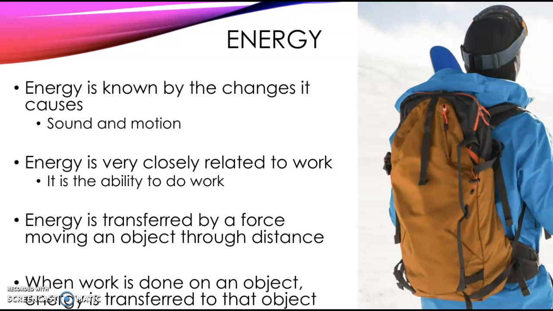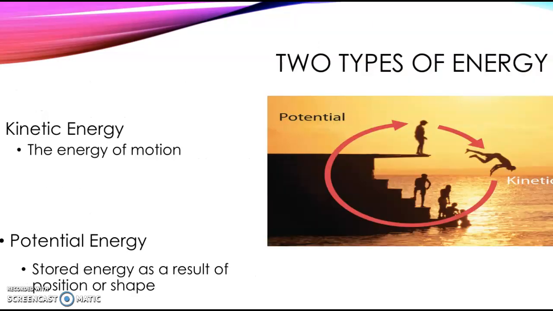When work is done on an object, energy is transferred to that object. You can think about it with the book bag. As we lift that book bag, we are putting energy into it. There are two types of energy that we are going to talk about: kinetic energy and potential energy.